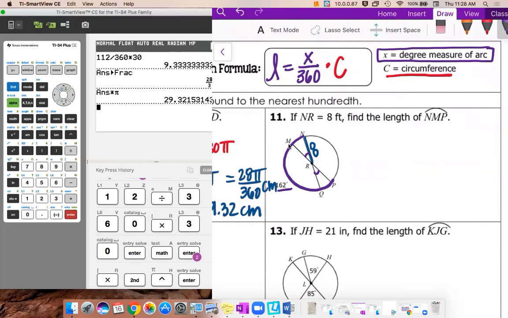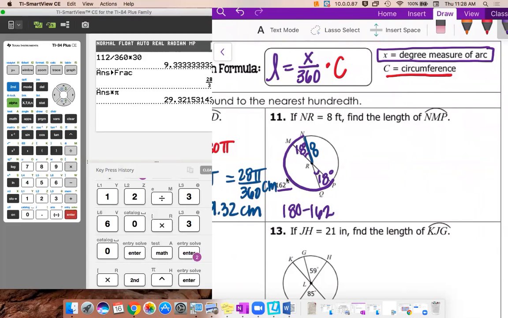I also know that this is a diameter, so this plus one of these angles has to equal 180. So to get this angle right here, I'm going to do 180 minus this 162, and I'm going to get that this angle is 18 degrees. So if that's the case, then this one also has to be 18 degrees, and then remember the arcs are congruent to that.